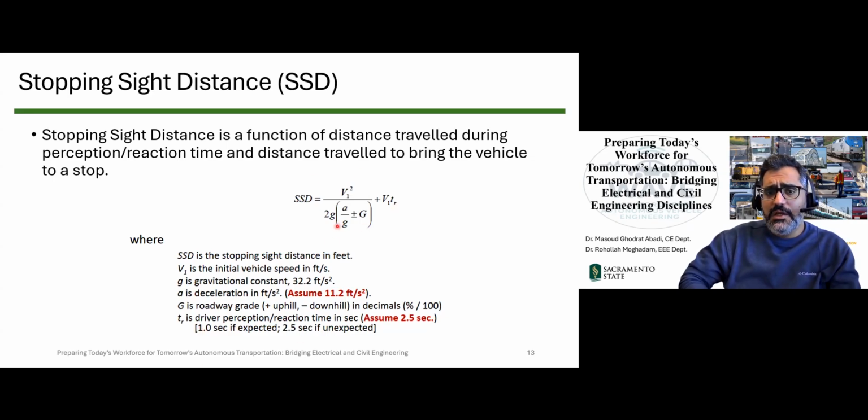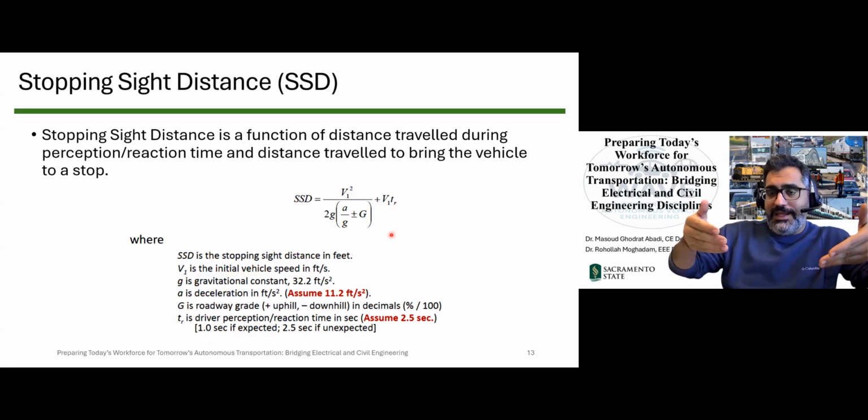And then the rest is the distance that it takes for the vehicle to come to a complete stop, based on the initial speed and also based on the impact of grade. If you're going upgrade, the grade is going to help you. If you're going downgrade, the grade is going to negatively impact you.